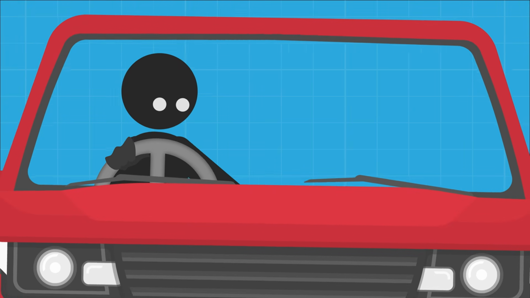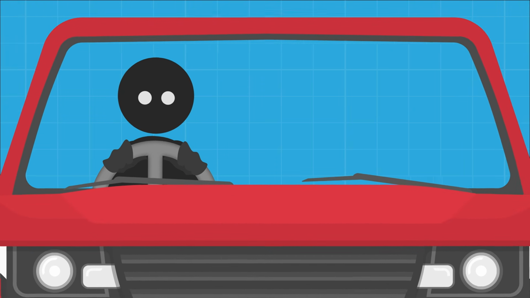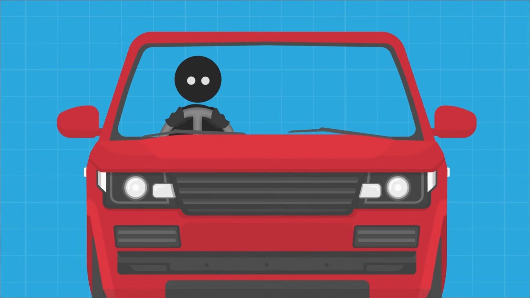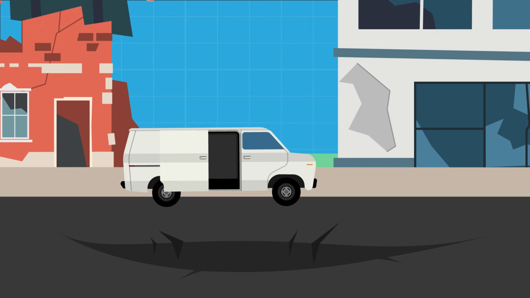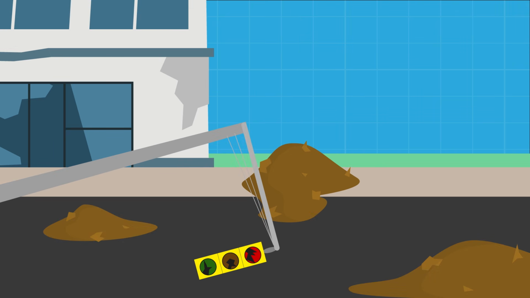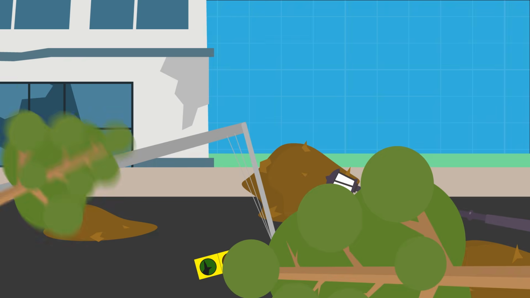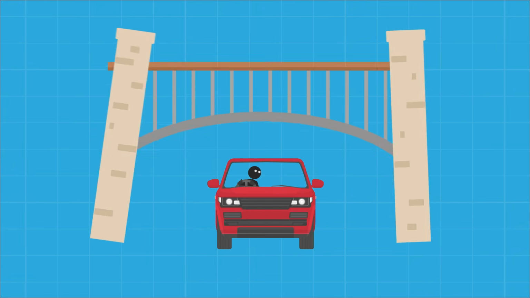Turn on the radio and listen out for any emergency broadcasts, and when it's safe to drive again, watch out for any hazards created by the earthquake that may not have been there only seconds before. This includes large cracks or trenches in the road, sinkholes, displaced earth, fallen traffic lights, utility poles or streetlights, trees, and collapsed buildings or bridges.